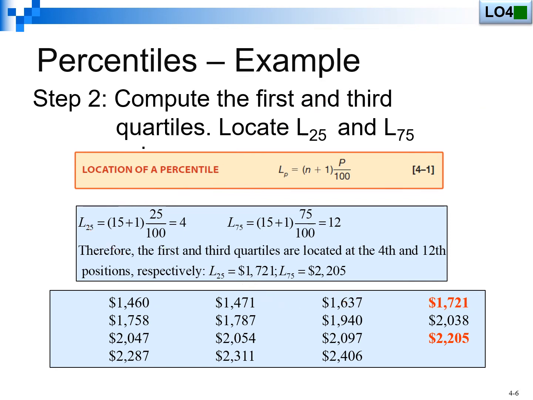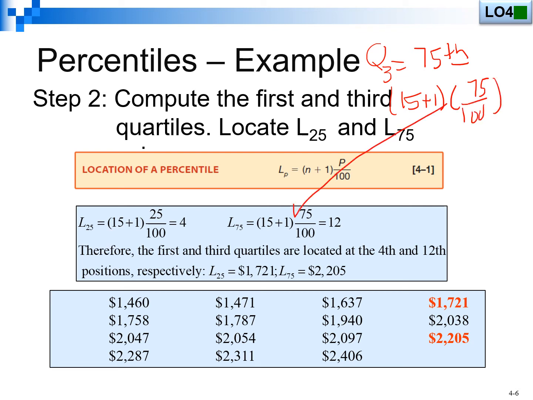Now, if you wanted to do the 3rd quartile, I'm going to label it like this, it is also called the 75th percentile. The calculation would be 15 plus 1, multiply that by 75 over 100. Again, they show you that right there, and they got the number 12.